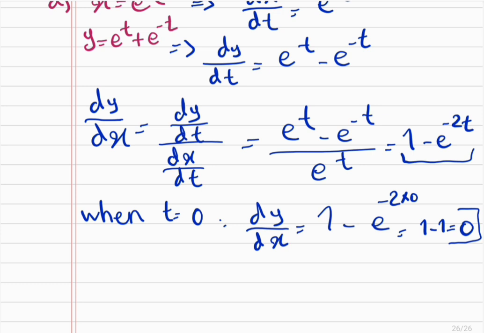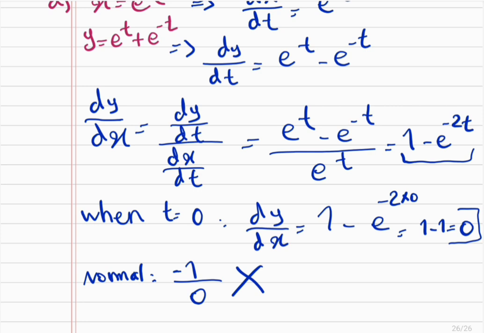So what does this mean for us? Because normally when we find the gradient of the tangent line, then what we do afterwards is that we say, okay, the gradient of the normal is equal to the negative reciprocal of the tangent, which is minus 1 over 0, which is undefined, obviously. So we can't use the general approach because that doesn't work here.